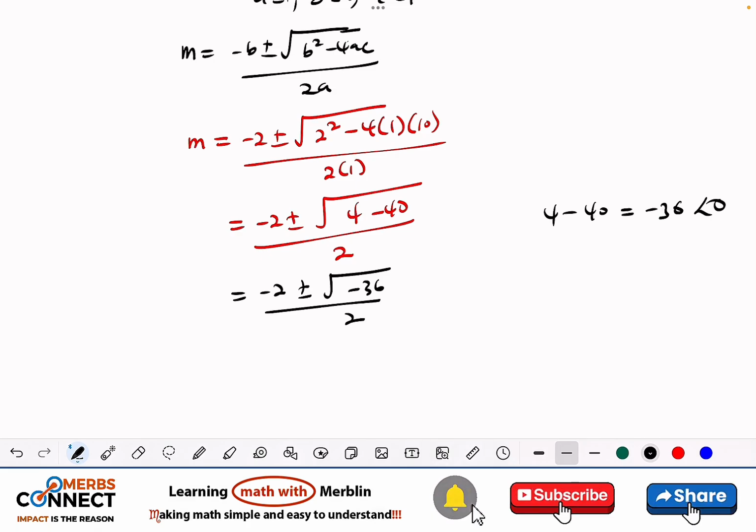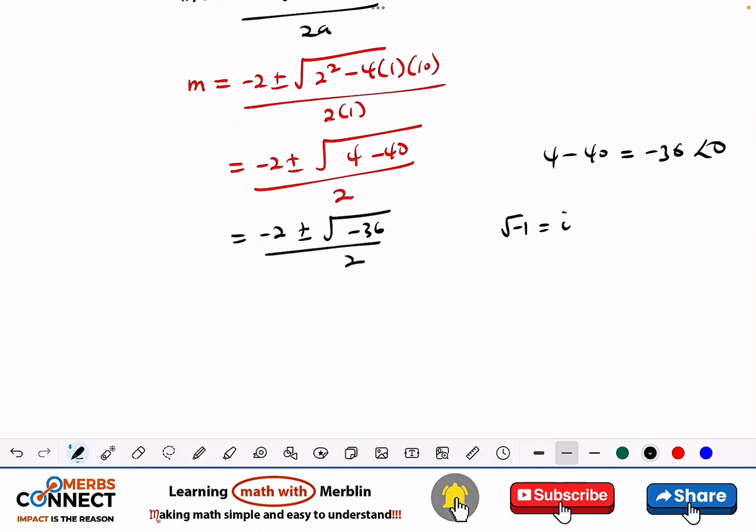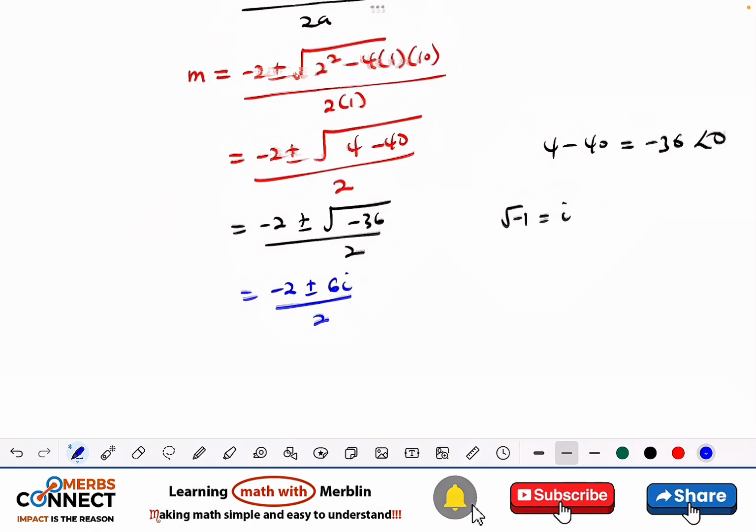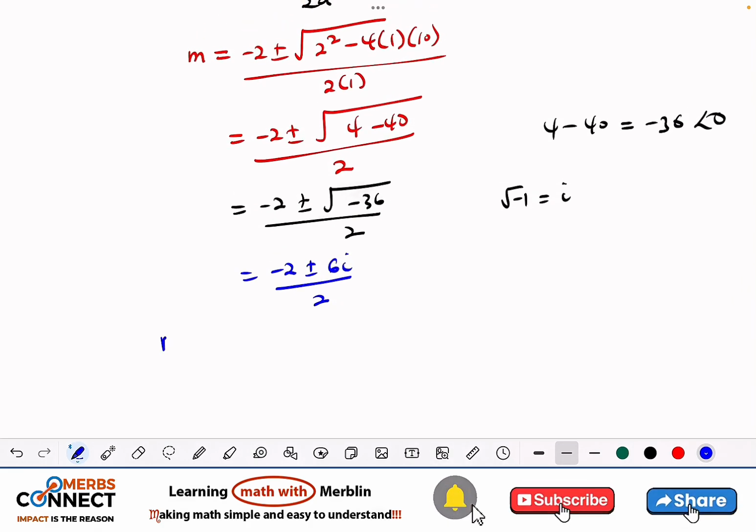Now we know that the root of 36 is 6, and we also know that the root of minus 1 is i. So this helps us to have minus 2 plus or minus 6i, divided by 2. Now let me split them into m1, m2.